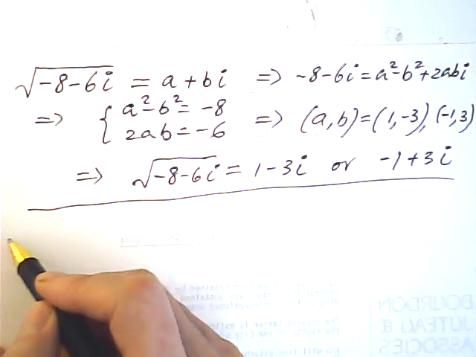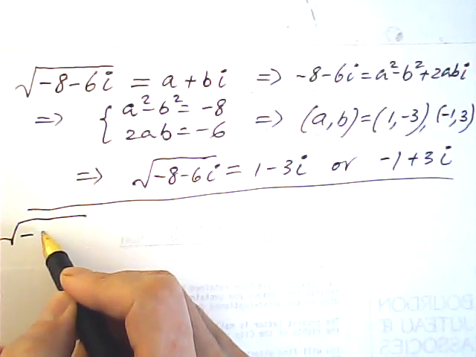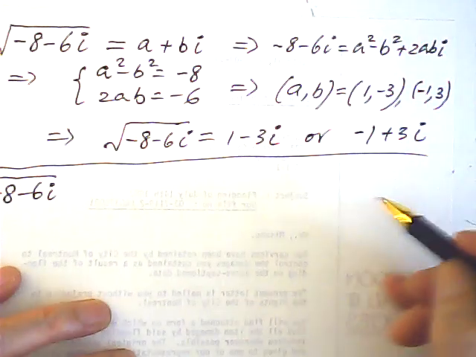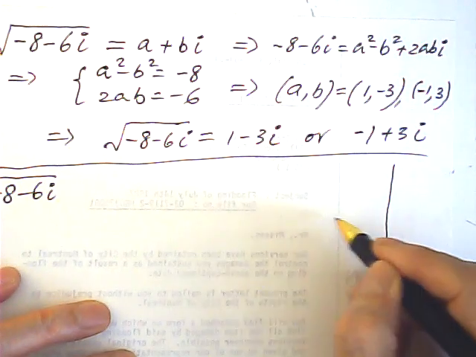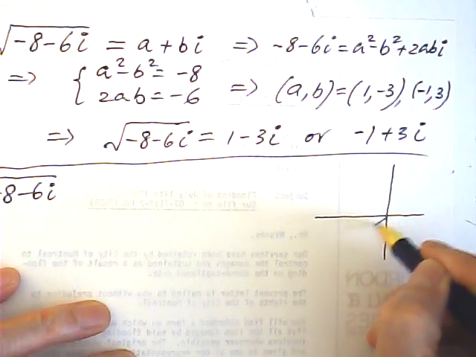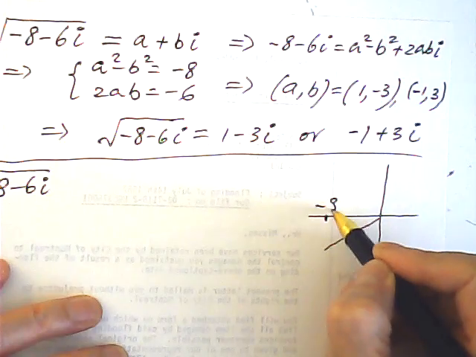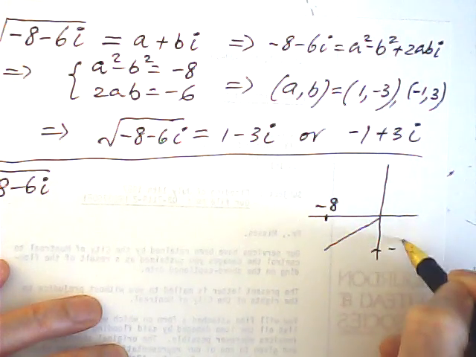Now the second method, well, I use the polar form, right? This is -8, this is -6.